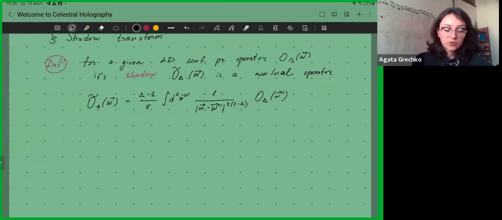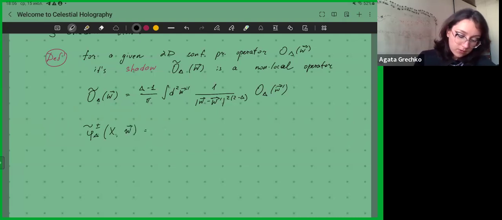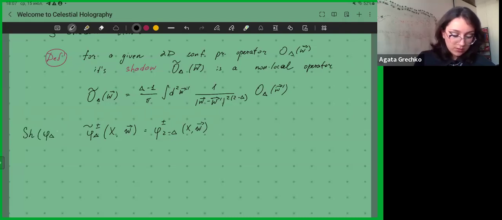It's important to notice the following property of it: we can actually transform our conformal primary wave function and get wave functions with a different weight. So if you do the shadow transformation of a wave function with the weight delta, we will get nothing else but the wave function with the weight 2 minus delta, at the same point.